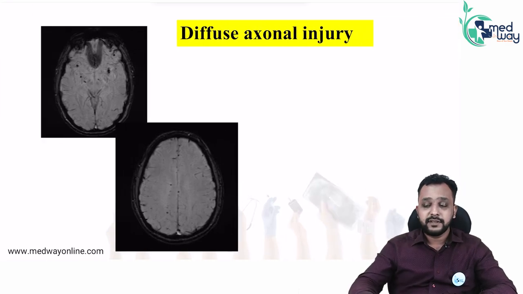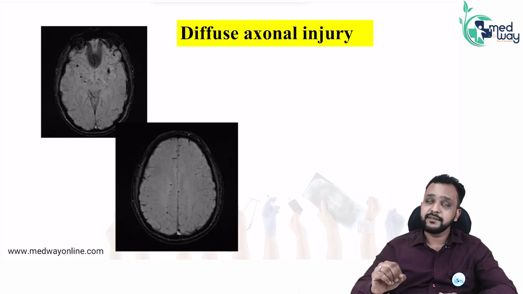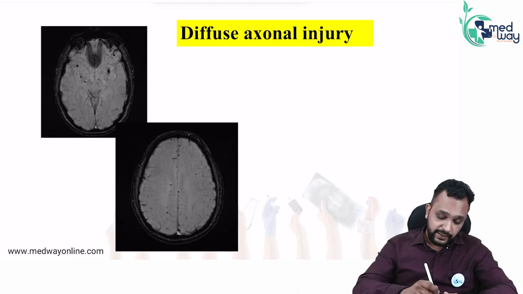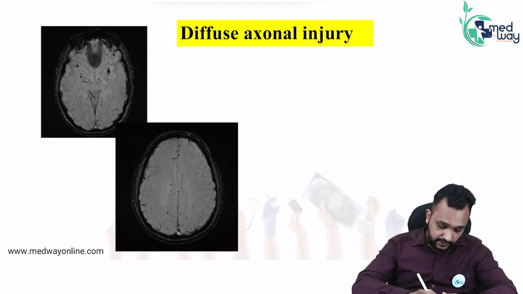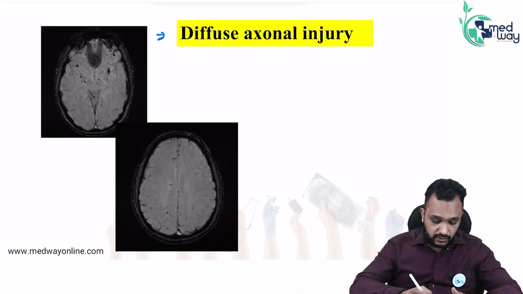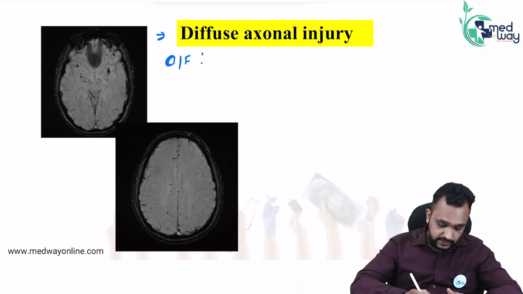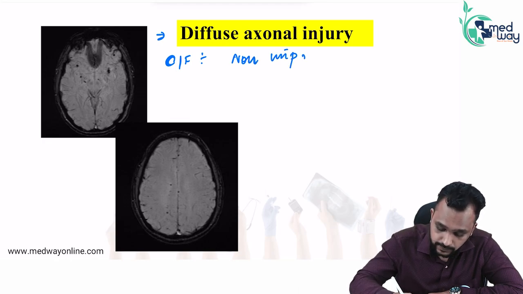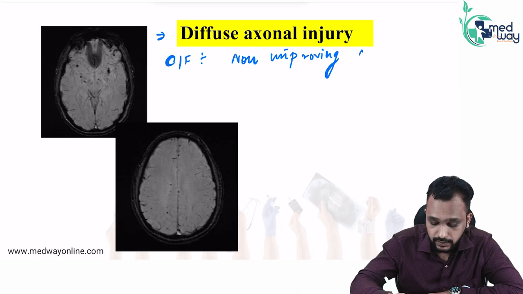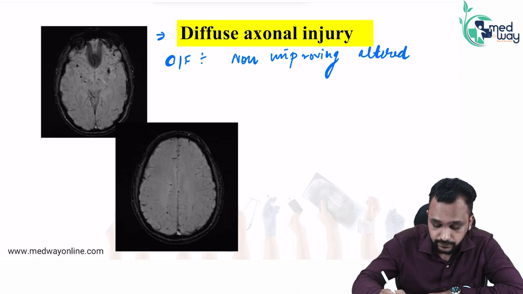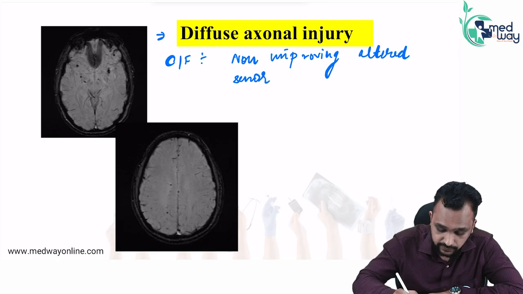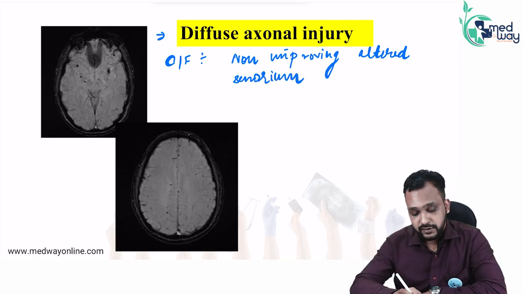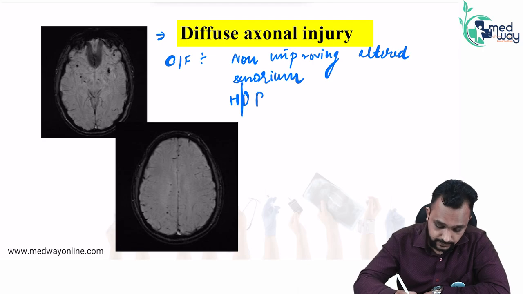Now guys, we have discussed that in patients with head trauma, the investigation of choice is NCCT head. But there is one exception to this rule, and that is diffuse axonal injury. So these patients will have clinical features of non-improving altered sensorium, and besides altered sensorium, okay, these patients will have a history of road traffic accident.